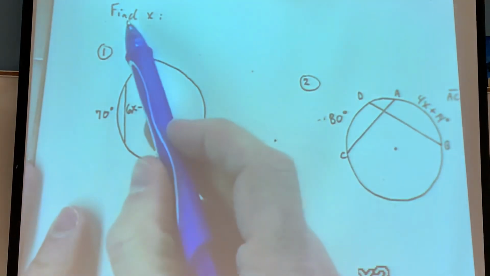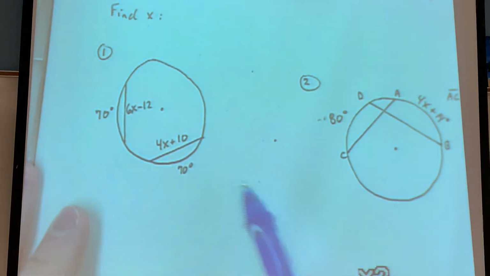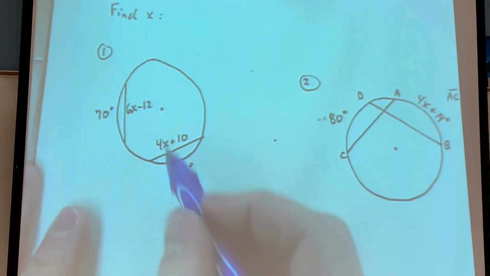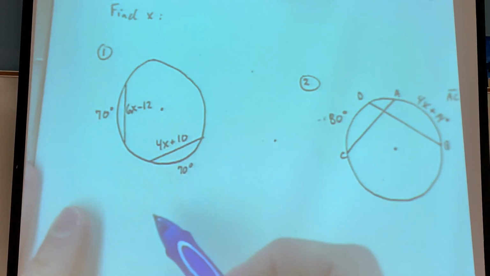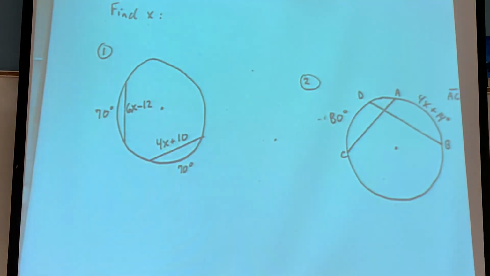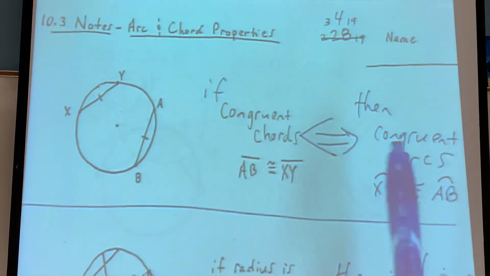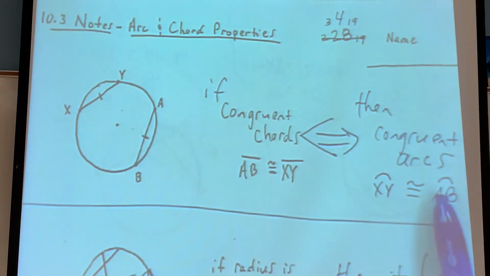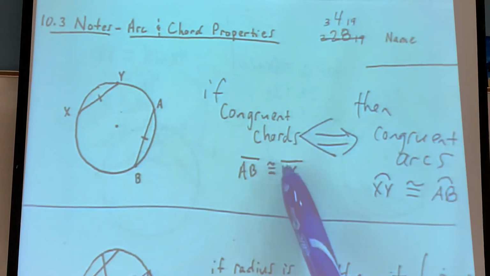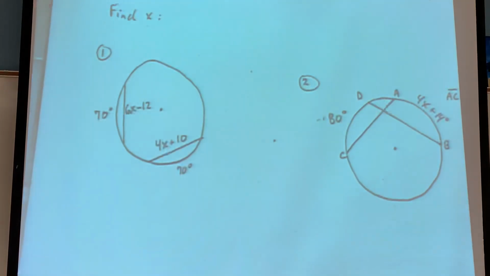We need to solve for x or find x. Now we're given 2 70-degree arcs. And from the first property on the front side, we know that if the arcs are congruent, then the chords, the segments are also congruent.